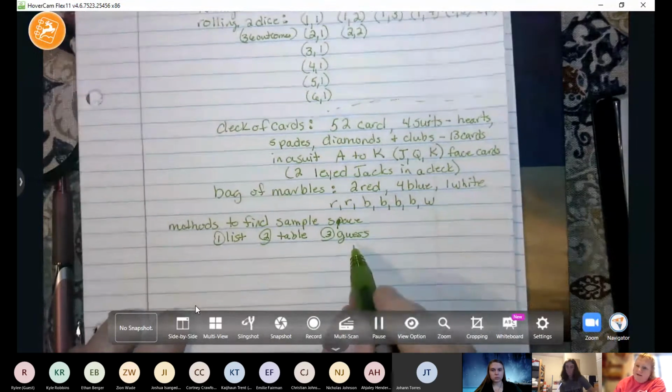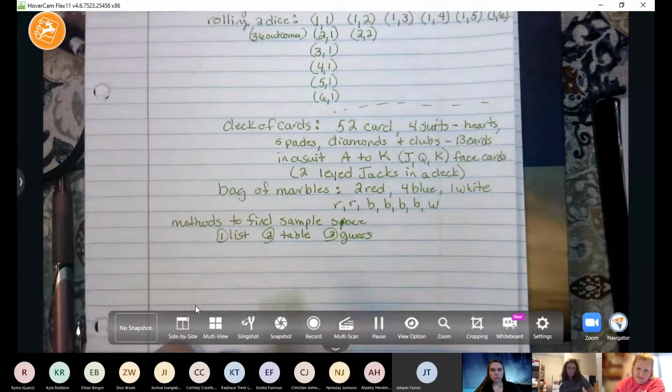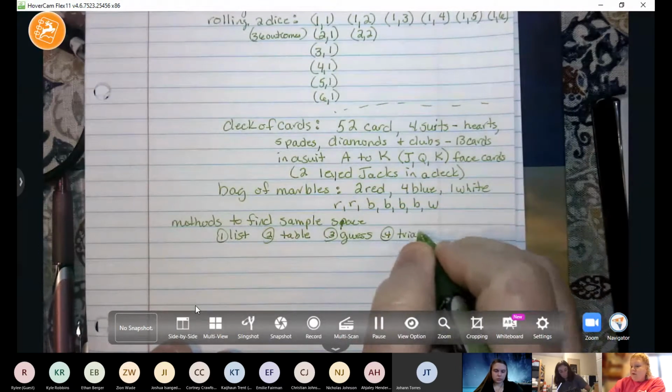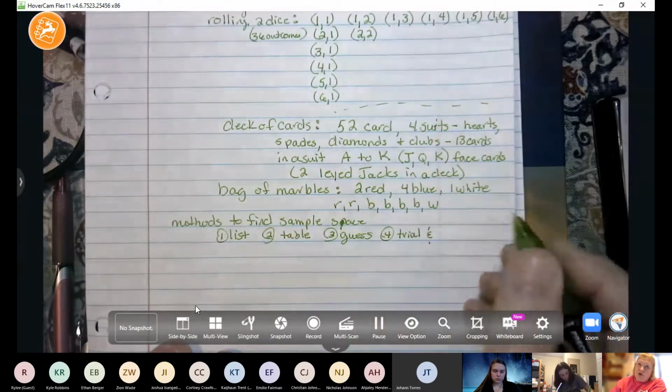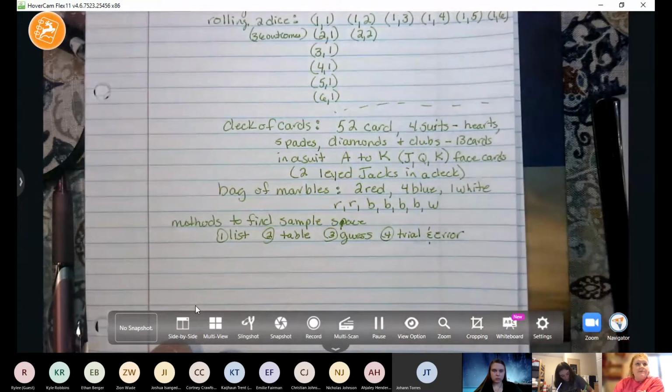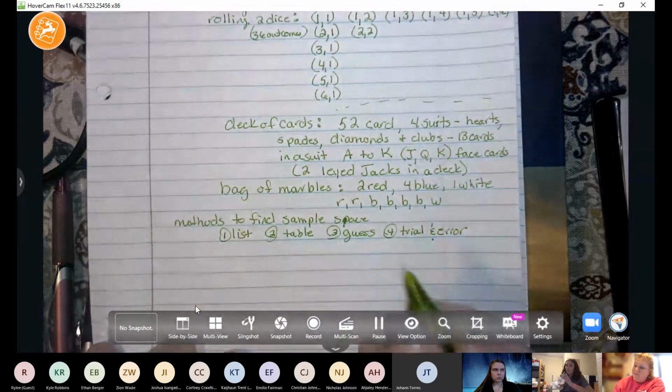That's not a very effective way to determine sample space, but it is a technique. Some people use trial and error: I'm not sure what it might be, but I'm going to try this. And that is a method to figure out what's in the sample space.